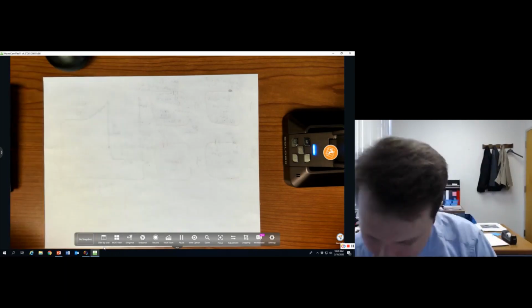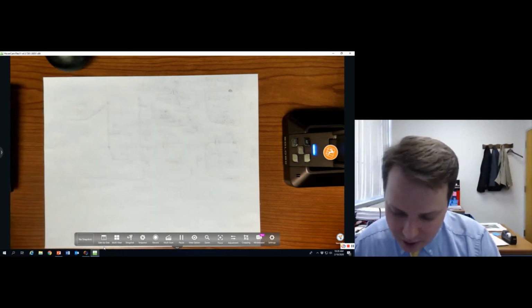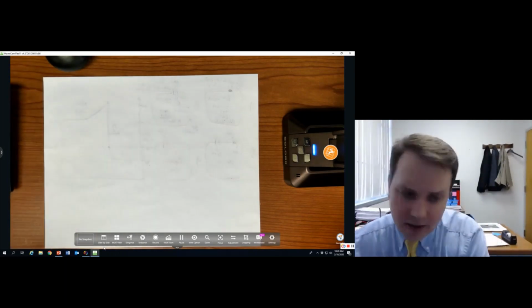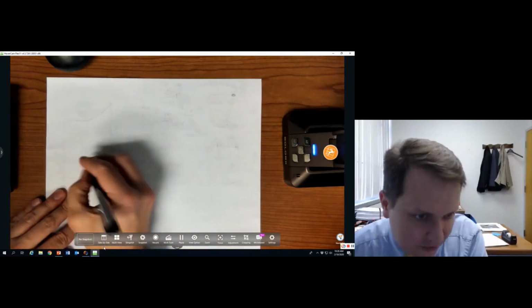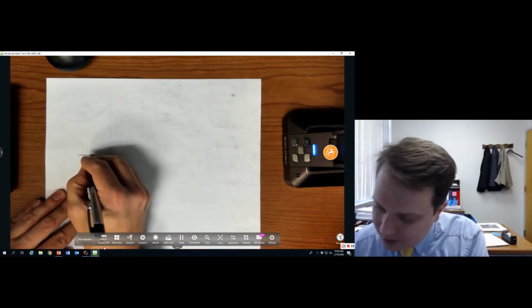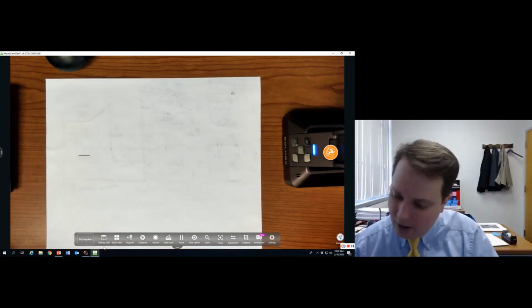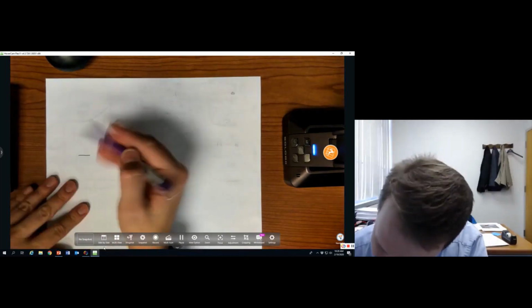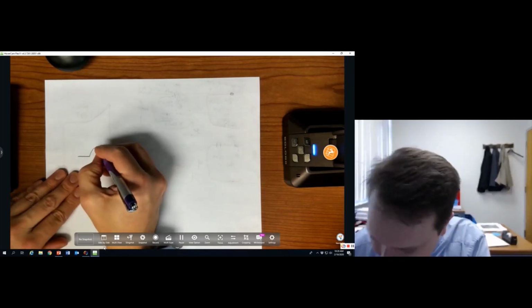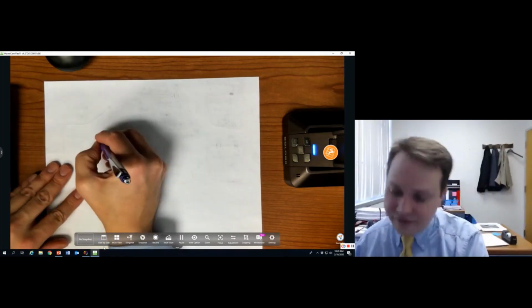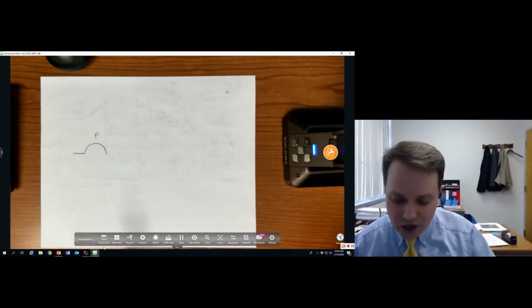There will be a baseline that we always have, and it's all just that baseline. And then we're going to start with our P wave. The P wave should look something like this. This is our P wave. Then we're going to go into a QRS complex.